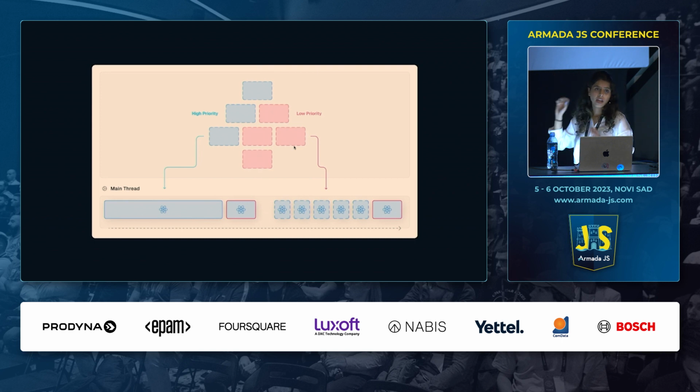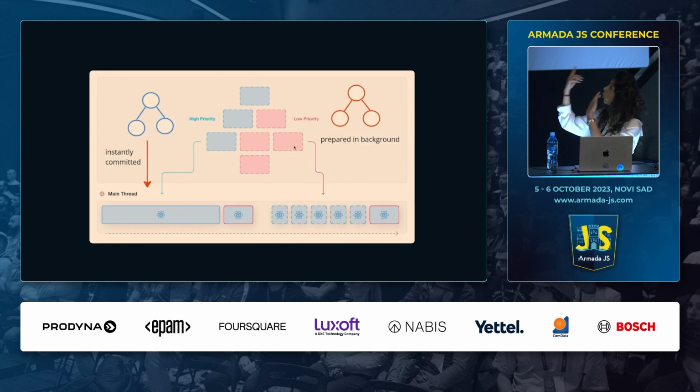The low priority updates happen in the background, and it's not instantly committed. So while React prepares the low priority updates in the background, it will go to the main thread, always check if there is anything more urgent, so that it can prioritize that. If there is nothing, like the main thread is completely free, React will prepare and ship and commit the low priority updates to the main thread and to the DOM.